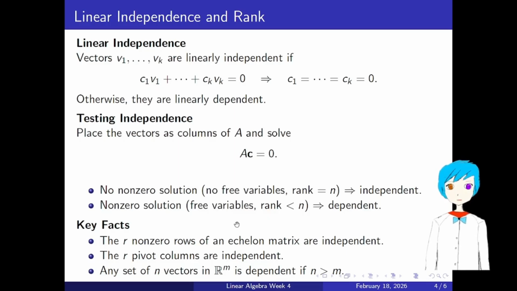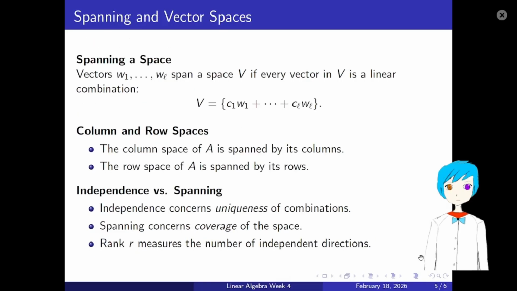Given a matrix, the r non-zero rows of an echelon matrix are independent, as are the r pivot columns, that are the columns that contain the pivot variables. Any set of n vectors in Rm is dependent if the number of vectors is greater than m, the number of entries.